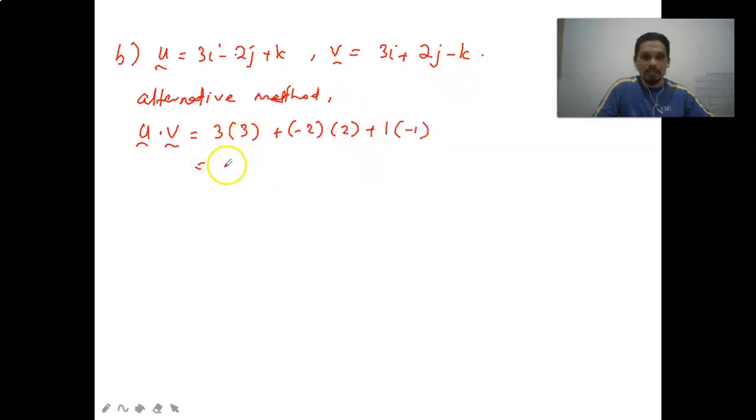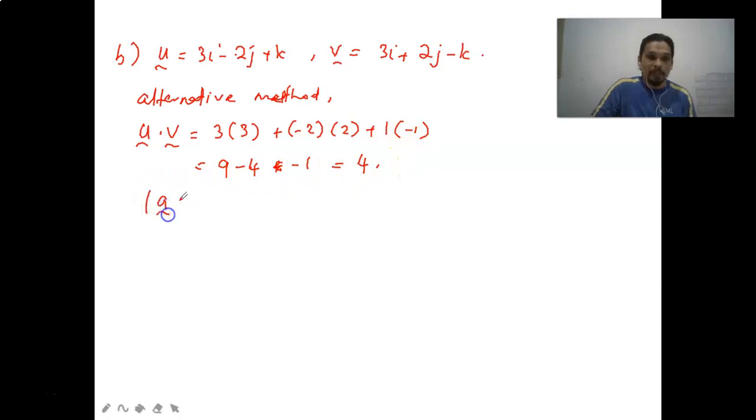So 3 times 3 equals 9, negative 2 times 2 equals negative 4, plus 1 times negative 1 equals minus 1. 9 minus 4 minus 1 equals 4. 9 minus 4 equals 5, and 5 minus 1 equals 4.